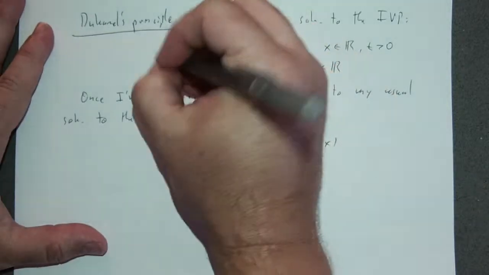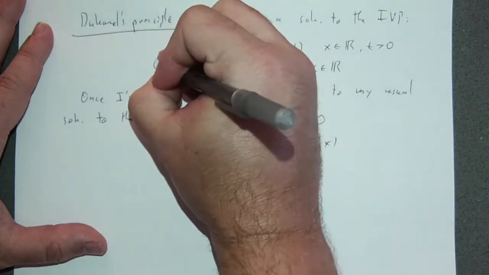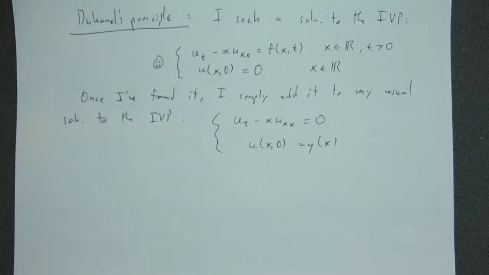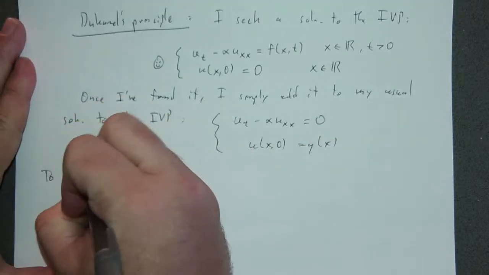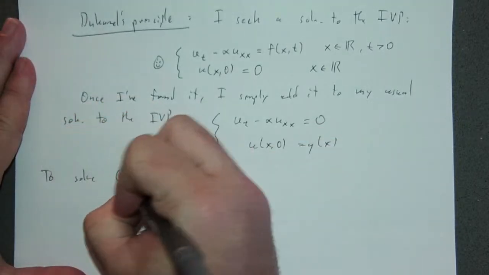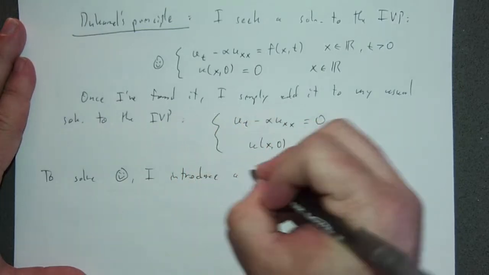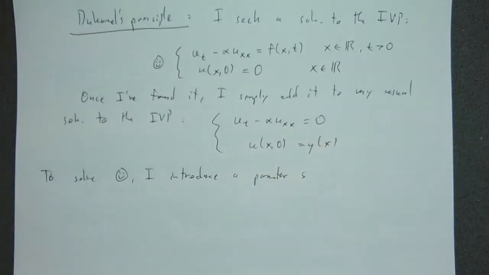Okay, but then the question is, how do I solve this thing? Let's call this smiley face. Okay, how do I solve smiley face? What do I do? All right, so to solve smiley face, I introduce a parameter s, right?